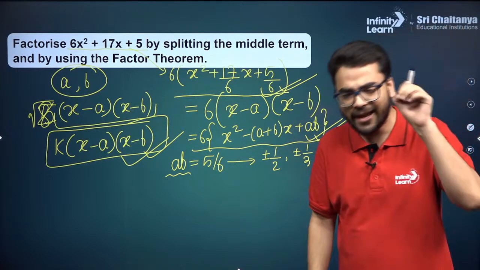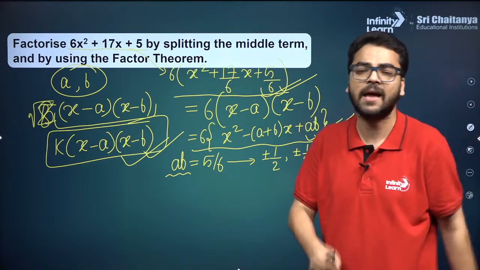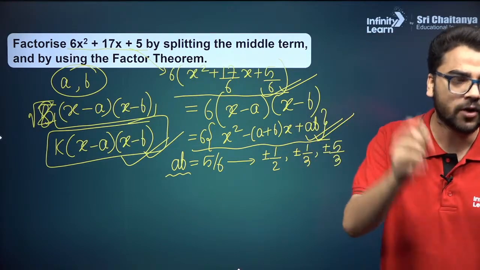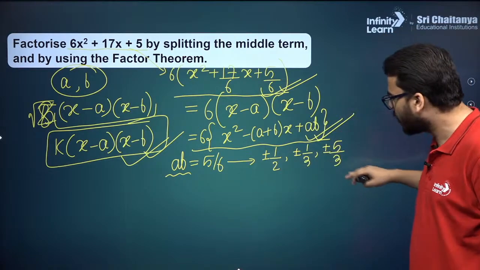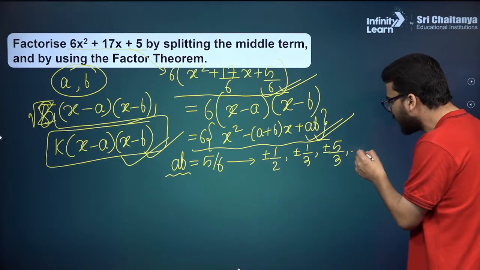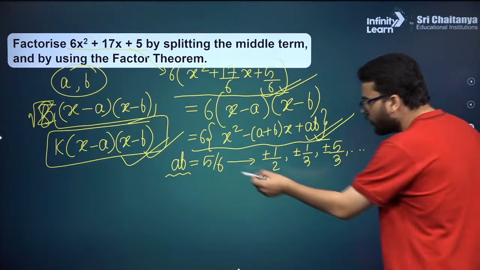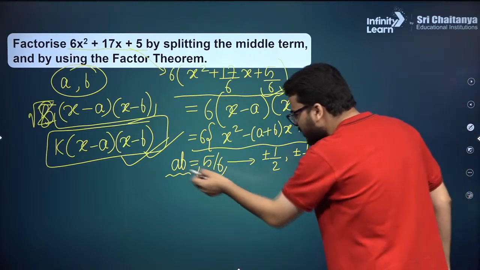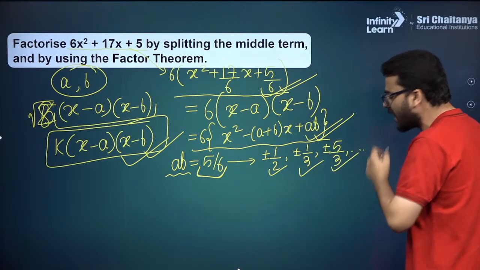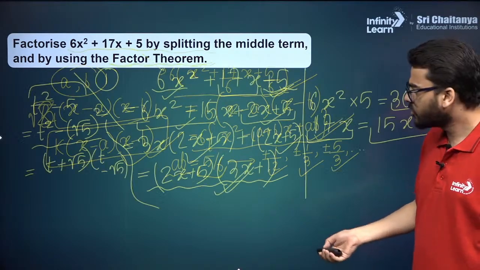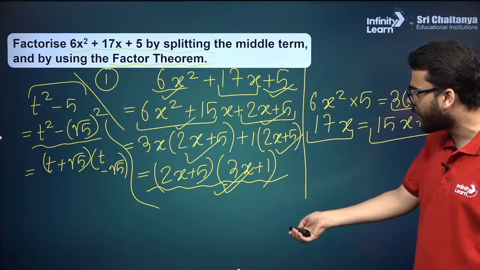I had explained in great detail, from the very basics, what polynomials are, what zeros are, what the degree is, everything I had discussed. So these are the possible zeros and so on, or not, tell me. I mean, basically you want two numbers whose product is 5 by 6. So A can be like this, A can be like this, A can be like this or not, tell me guys. So basically over here we have minus 5 by 2 and minus 1 by 3.